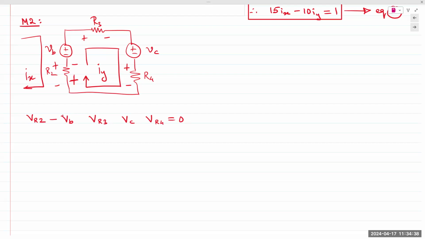So VR2 minus VB plus VR3 plus VC plus VR4 equals 0. Did you obtain the same equation? It doesn't matter how you apply KVL. The answer will always be the same.